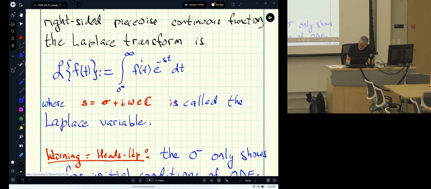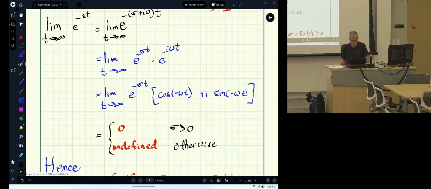When this is a constant 1, it only converges when the real part of s is positive, so that this is a decaying exponential times some oscillating terms. So the region of convergence is all the values of s where this integral makes sense. So that's what region of convergence is.